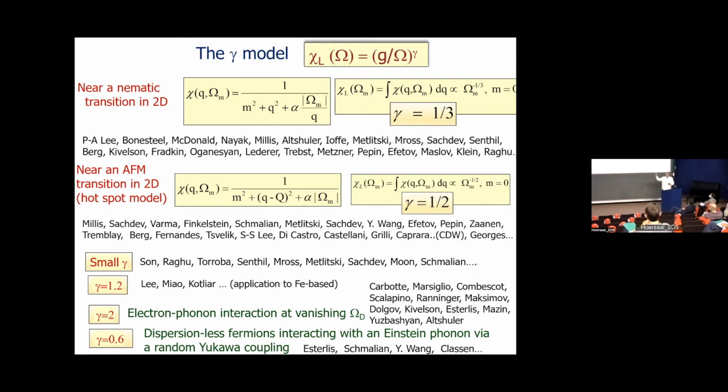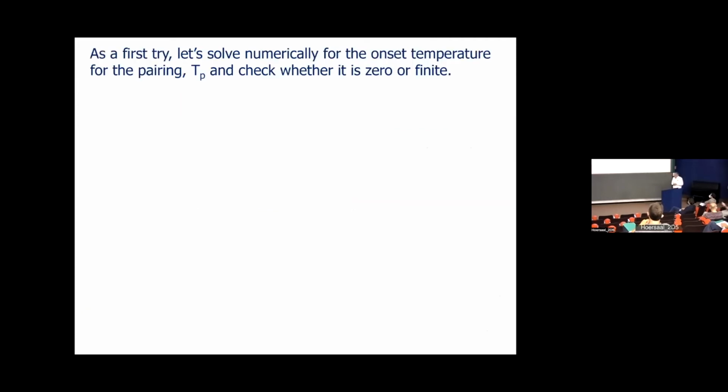We have particular models, and each has its own gamma, except that people created models with varying exponents. But what I want to do is to create a phase diagram, which will have gamma on one side, temperature on the other side, and then you pick the value of gamma and ask what happens. So I will try to find out what happens with the generic phase diagram.